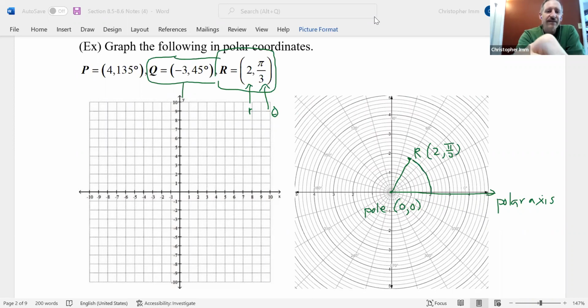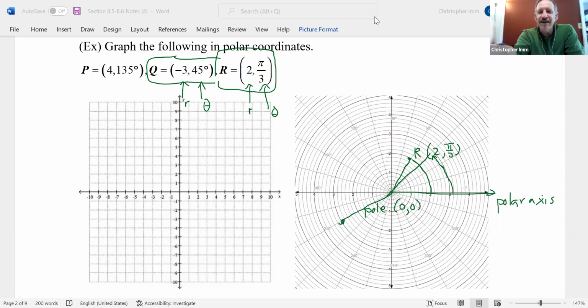With something like Q, again, I can think of this as r and theta, so that's how the coordinates are given. So this time, theta sweeps 45 degrees from the polar axis, and if it's positive, we go counterclockwise, so that's all the way up here. And then since that r is negative for Q, we actually flip through the pole and we go 3 units in the other direction. 1, 2, 3. So this would be our point over here.